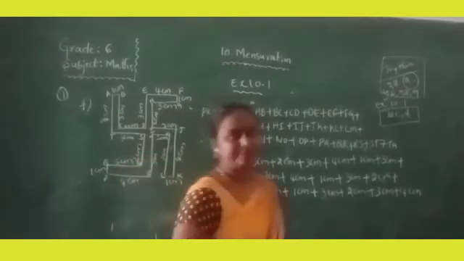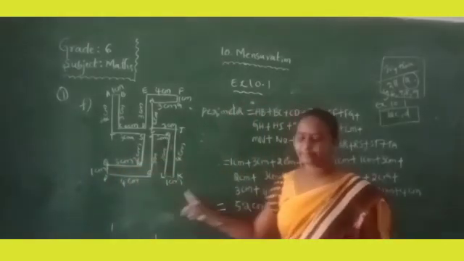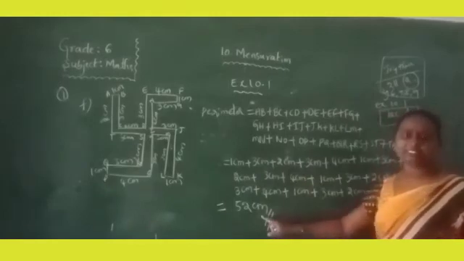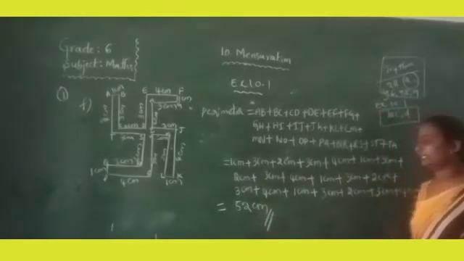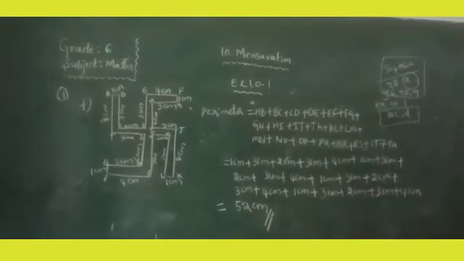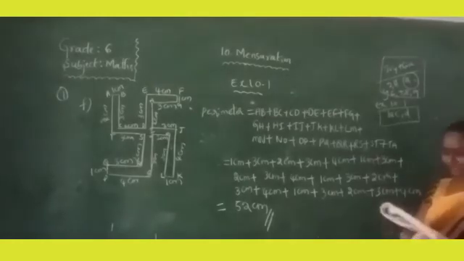Now what is the perimeter of this shape? Total perimeter is 52 centimeters. Right. Okay.